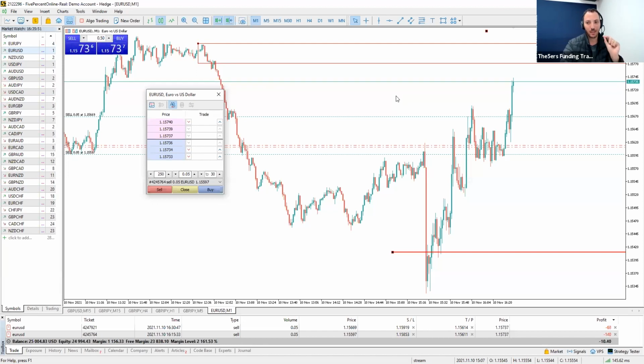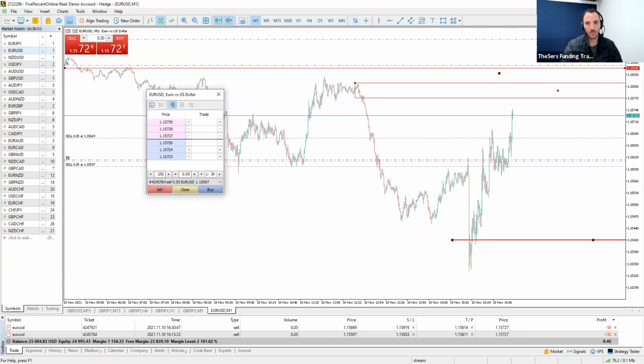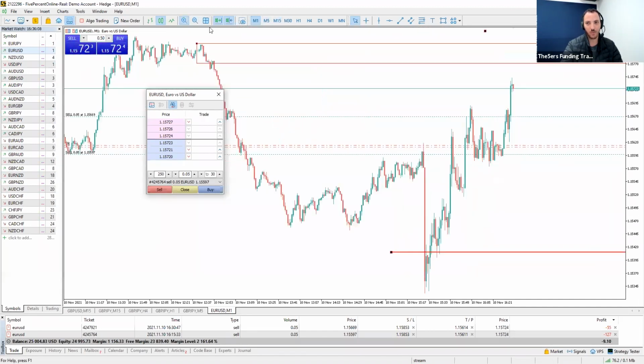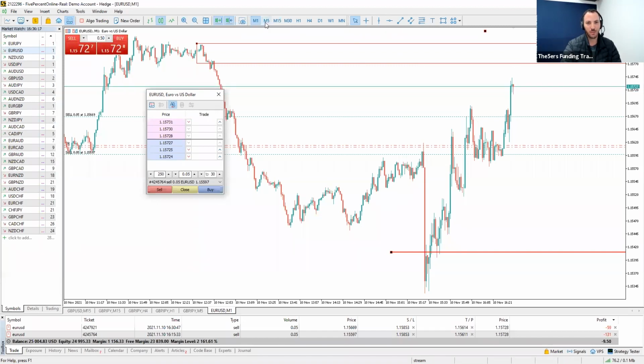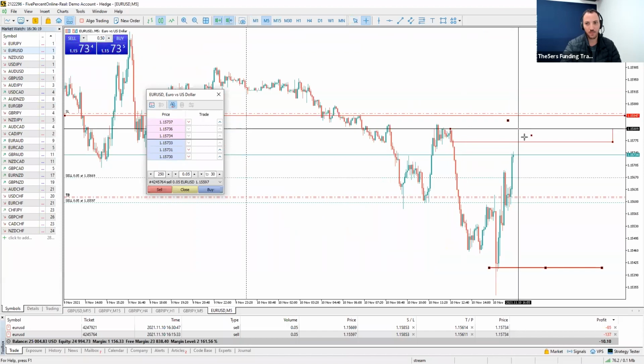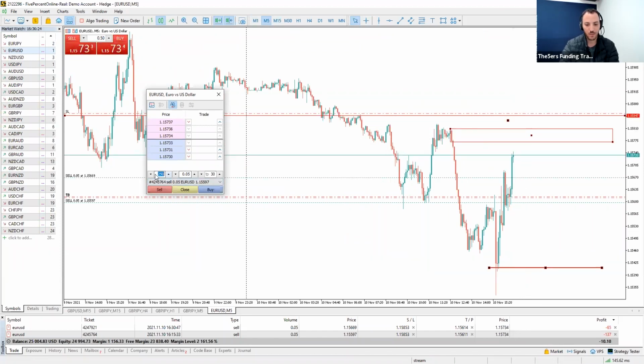But I already took a tiny profit, and I have now 8 clicks left. So I will use all my 10 clicks in the supply area, which is up here. I need to wait for price to get to that area, and I have 8 clicks left. But right now, those clicks will have around 8 pips of risk. So let's just change it here.